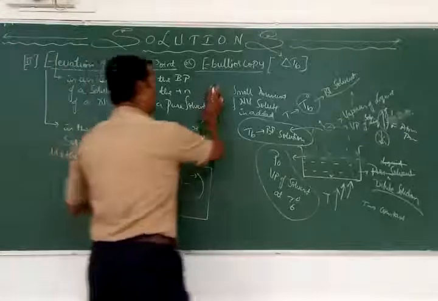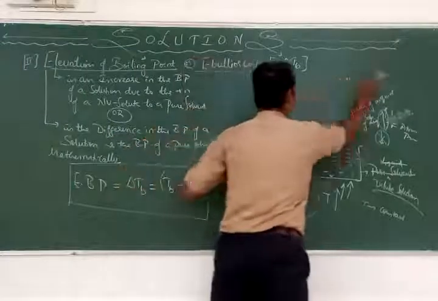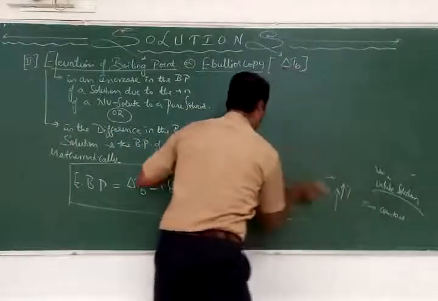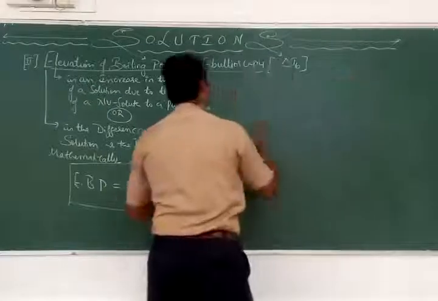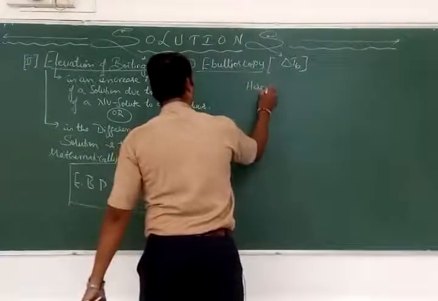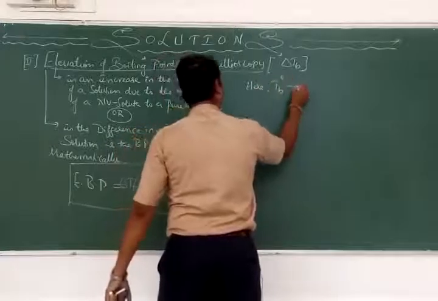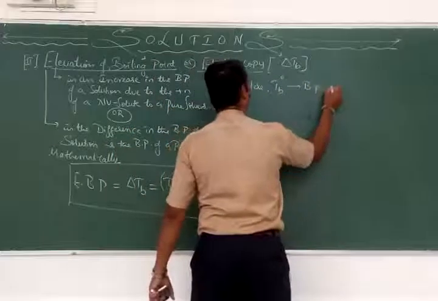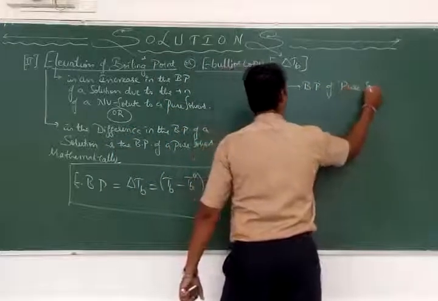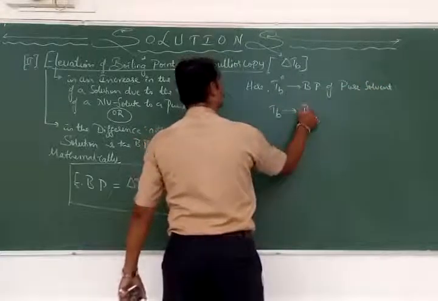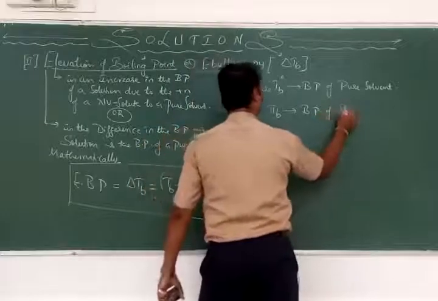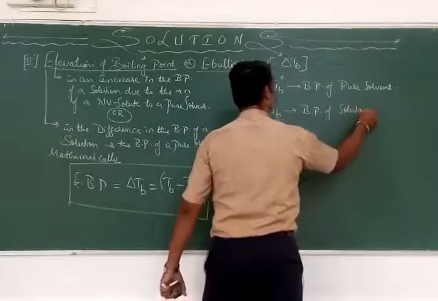Here delta TB is called elevation of boiling point, or ebullioscopy, whereas TB naught is the BP of the pure solvent, whereas TB is the BP of the given solution.